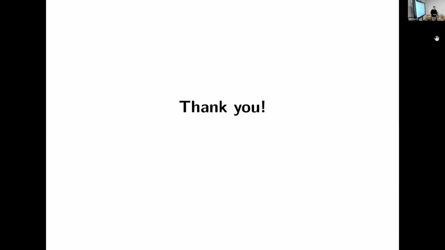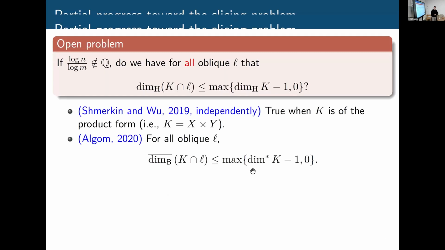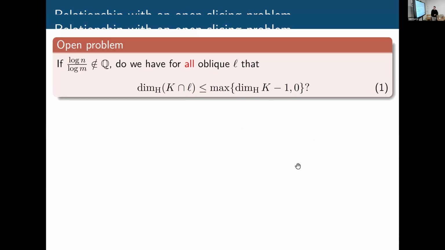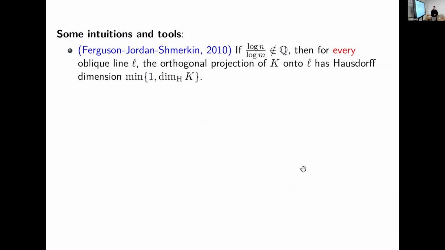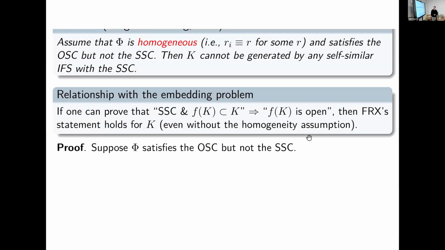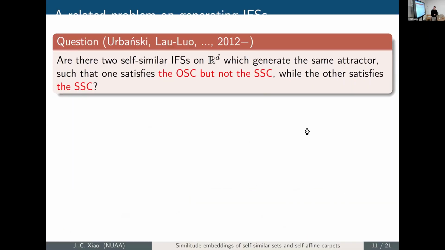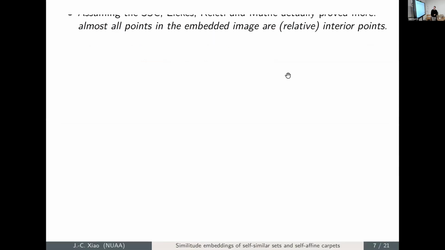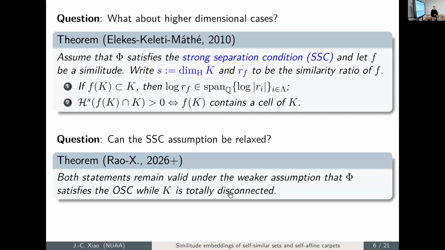Yeah, I have two questions. You mentioned a corollary referring to the first result, when there were two different sets. It was a corollary of what? Of this, because here we consider f of K intersect K, right?